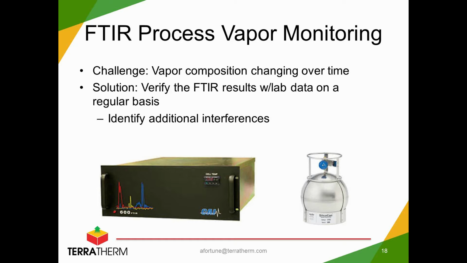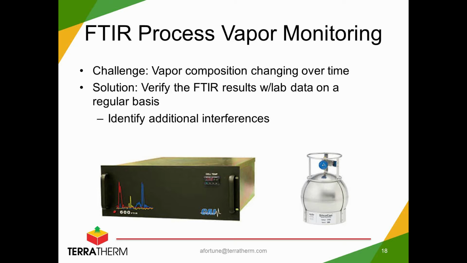A lot of other industries are using the FTIR as quality control or monitoring for a system that is pretty static. It's set up, there's always a certain contaminant mix or chemical composition within a certain range, and you know what to expect, and it's not really changing. That's generally not the case at any of our thermal remediation sites.